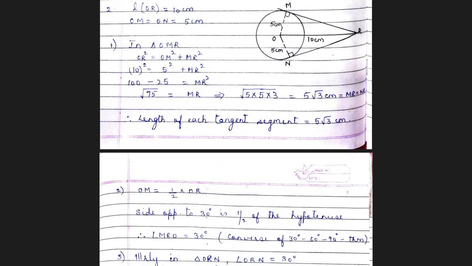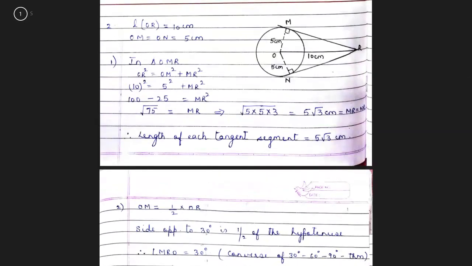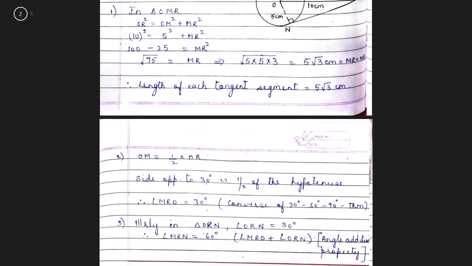In the other triangle ORN, angle ORN will be 30 degrees. What is the reason? It is the angle which is opposite to the side ON, and ON is half of the hypotenuse. Therefore, the angle opposite to the side which is half of the hypotenuse will be equal to 30 degrees.